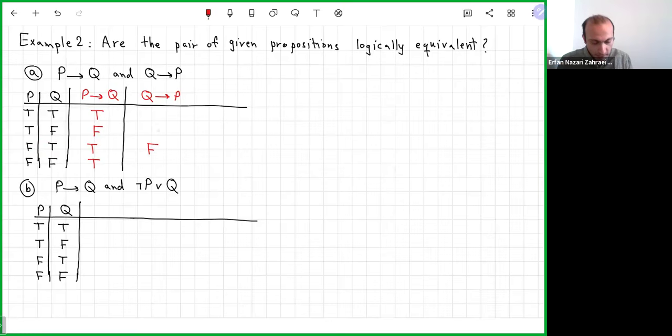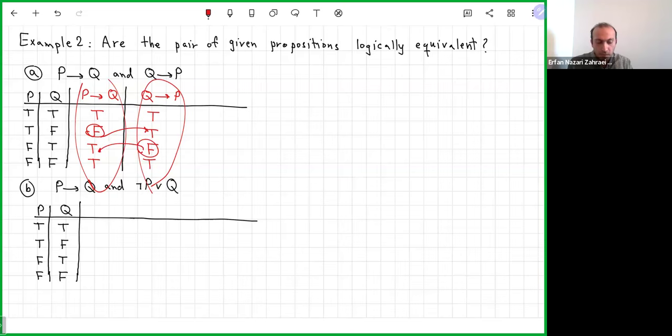So it's false here. Everywhere else, it's true. Now, I look at this column and this column. Are they exactly identical? No. This is false here, but it's true in the other one. So they are not identical, so they are not logically equivalent.